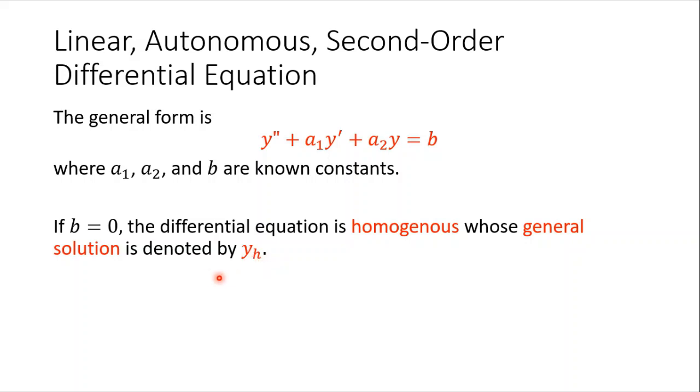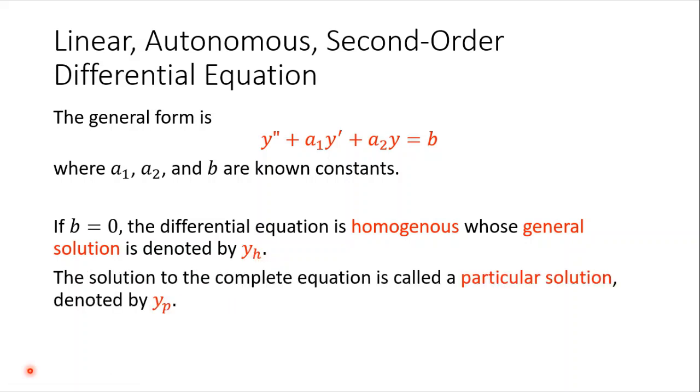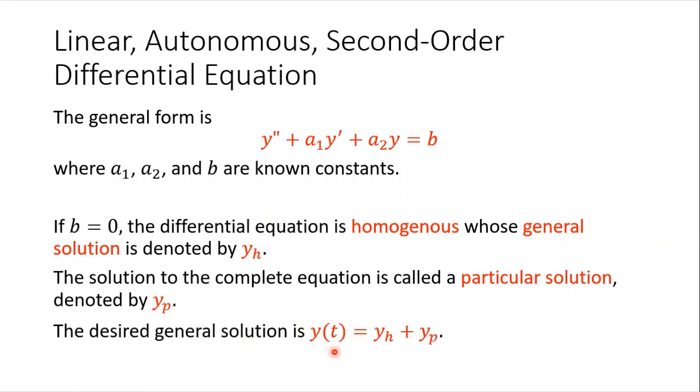But if we want to solve the complete equation, it will be called the particular solution, denoted by YP. In general, the solution will be Y(t) equal to the homogeneous solution plus the particular solution.